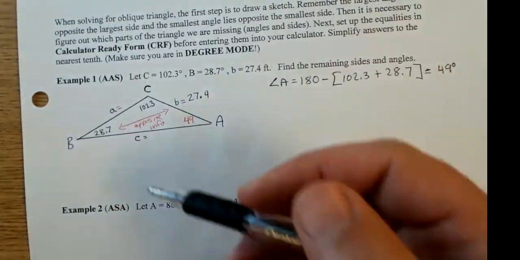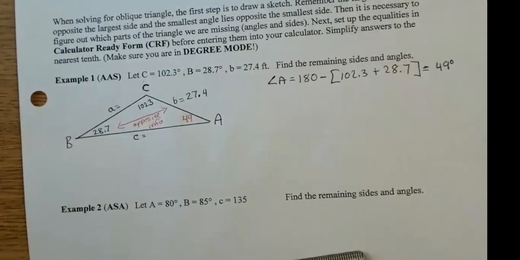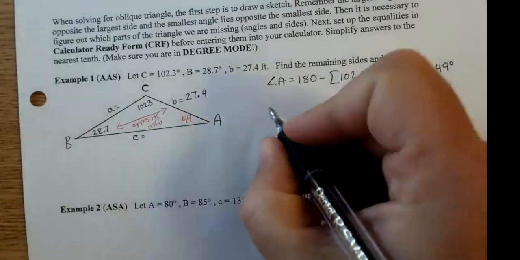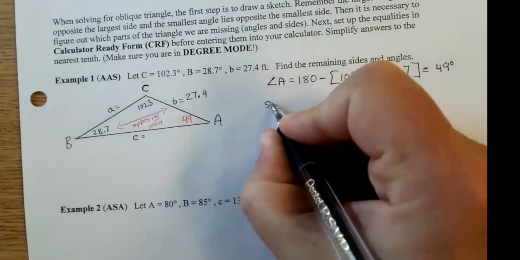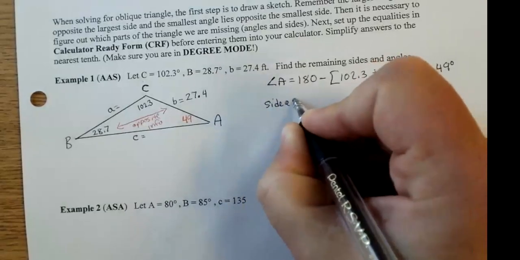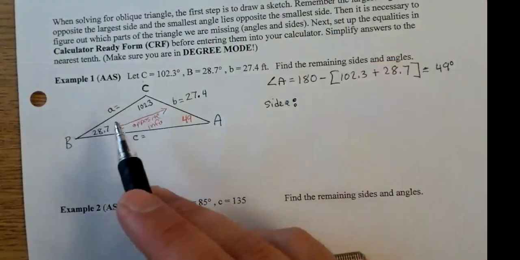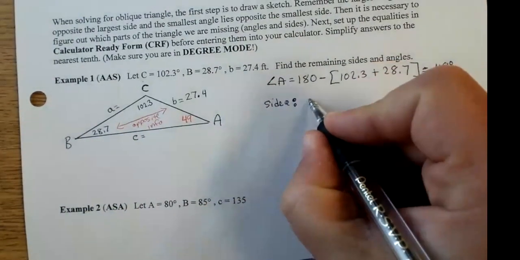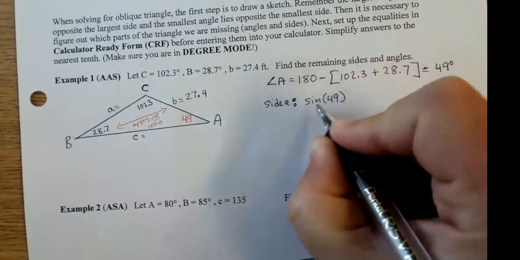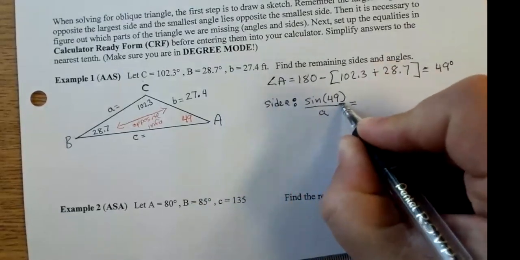And then the amount of work for side A and side C is about the same. So I just usually do alphabetical order when I make a choice like that. So let's find side A next. We know angle A, that's 49 degrees, but we don't know side A. So we can say the sine of 49 over A is equal to, and here's where you get your opposite information.